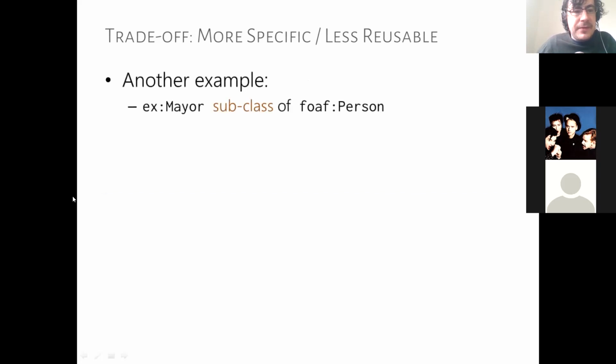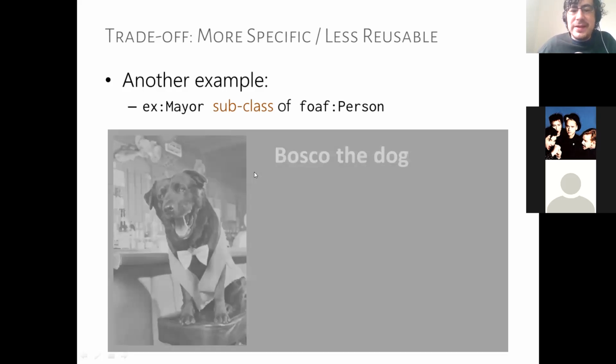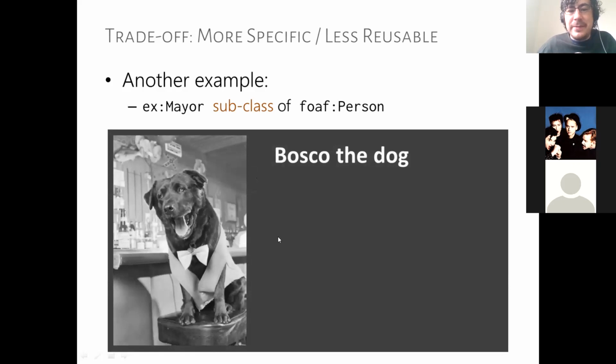Aside from the semantics of the term, there are also counter examples. The world is a strange place sometimes. So, for example, it would seem more or less safe to define that anything that's a mayor is also a subclass of person, right? That seems pretty obvious, but there have been animals, for example, that have been mayors.